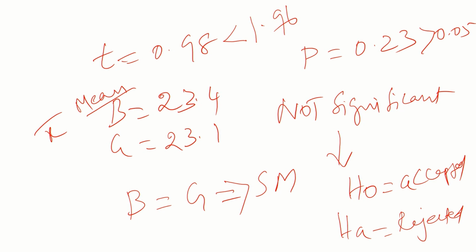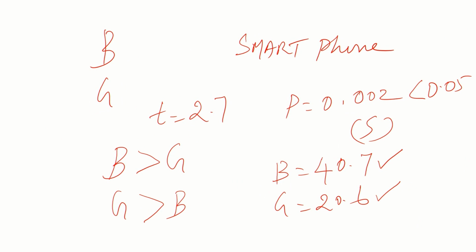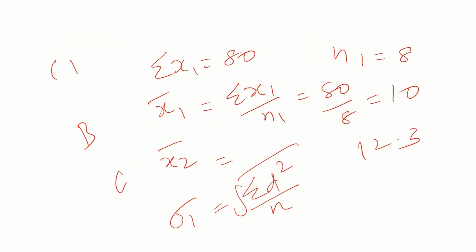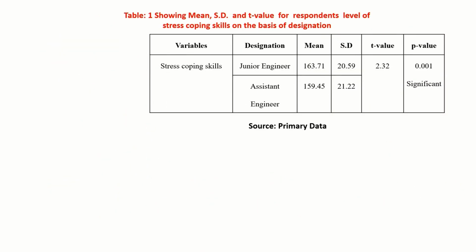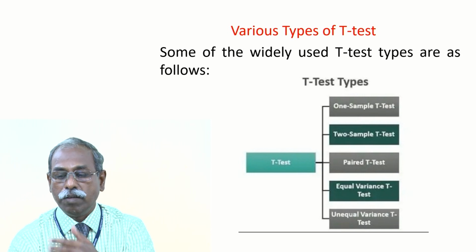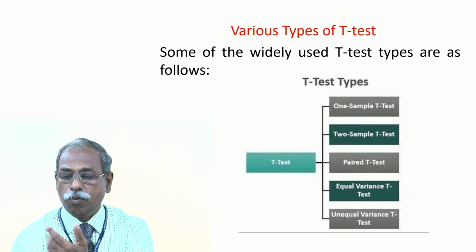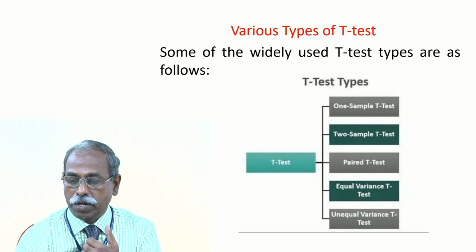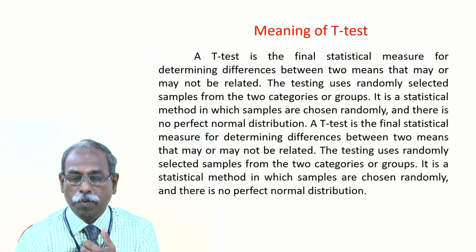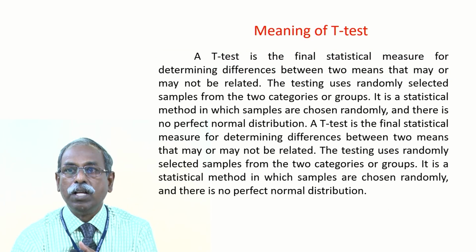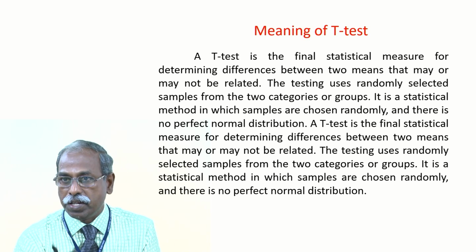Otherwise, you can consider whether the p value is greater than 0.05 or less than 0.05, and based on that you test the hypothesis. I also gave some theoretical information about the t-test and its various types: one sample, two sample and paired t-test, with the formulas and the meaning of the t-test. I think you will get some idea about the t-test.